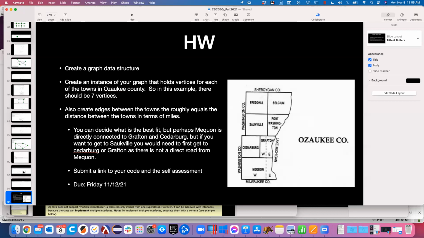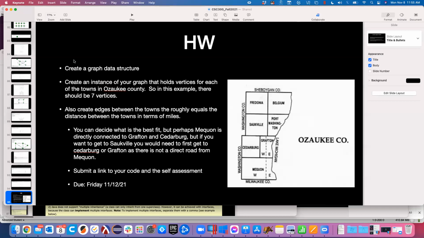What you don't want to do is create duplicate vertices. Your graph should not have Grafton in it 4 times. It should have Grafton in it once, a single vertex representing Grafton that might be associated with 2, 3, 4 edges, whatever it is. Make sense?